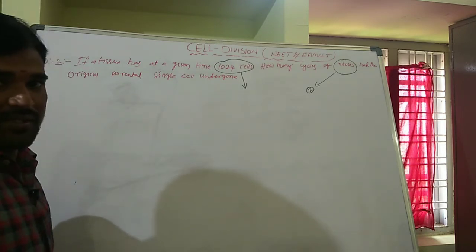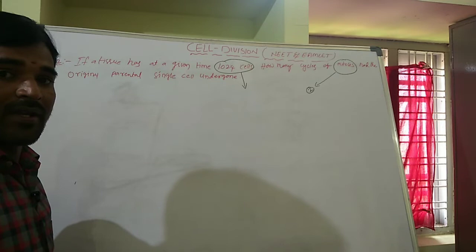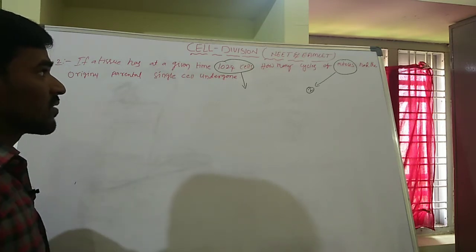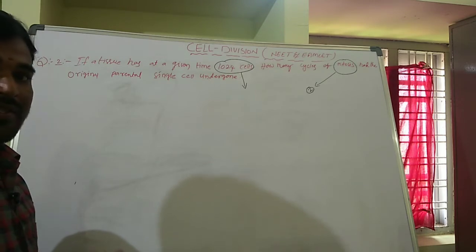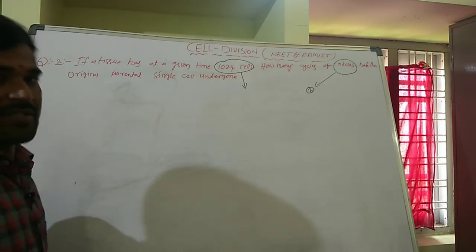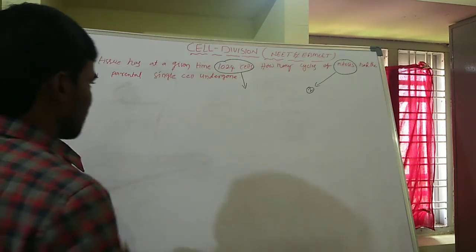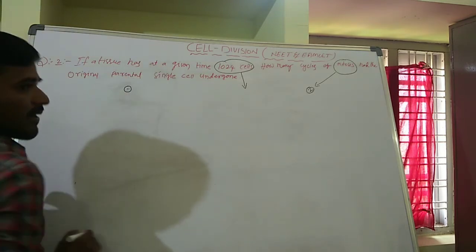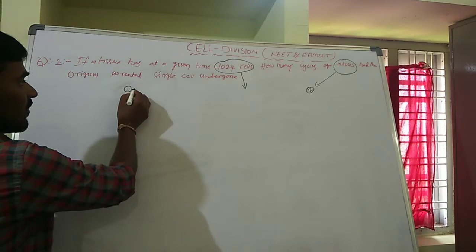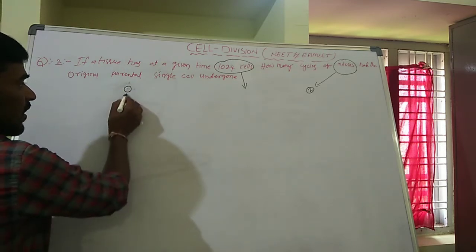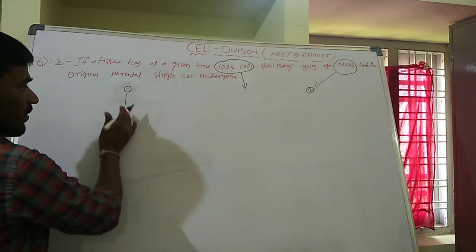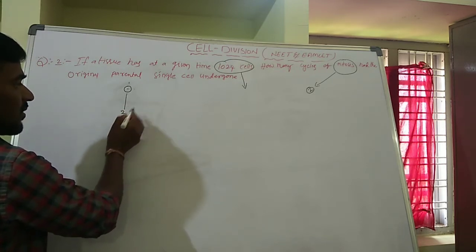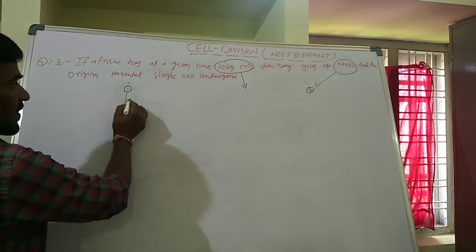During this process, how many mitosis divisions are necessary to form 1024 cells from a single parental cell? This is our question. First, this is the single parental cell, and one cell involved in one mitosis division forms how many daughter cells? 2 daughter cells. First mitosis division.